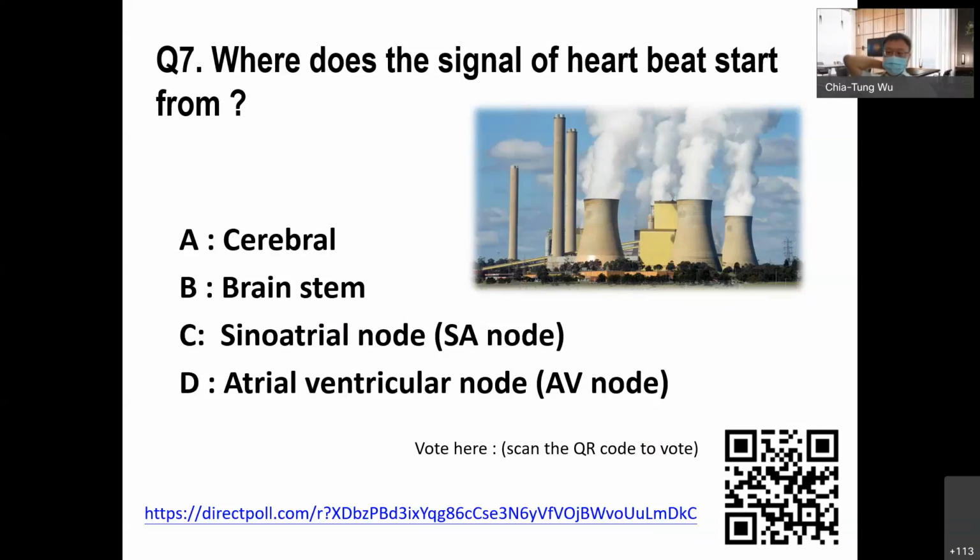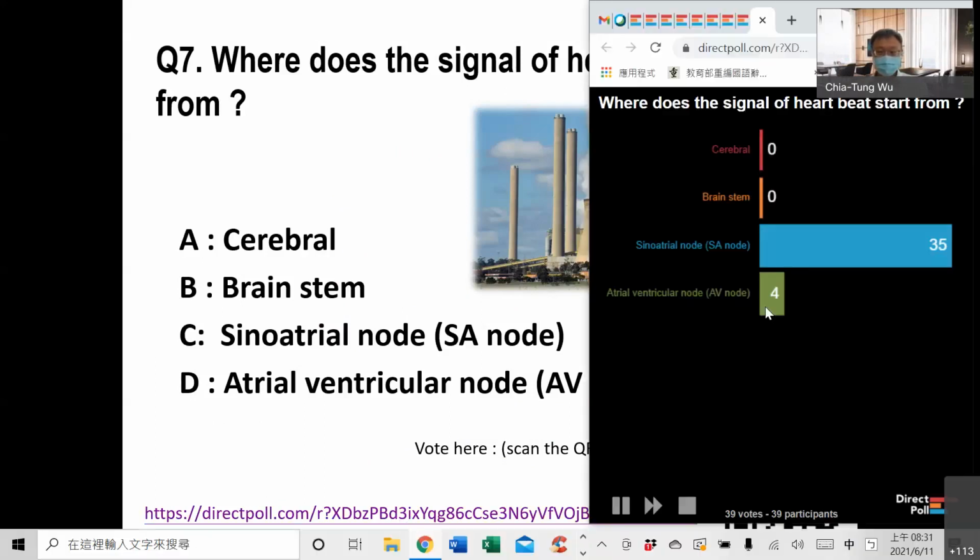I don't need to command my heart to beat, and I cannot stop my heartbeat by my will. So I think this question is quite easy, right? Our heartbeat starts at the SA node. I think most of our students already know this.